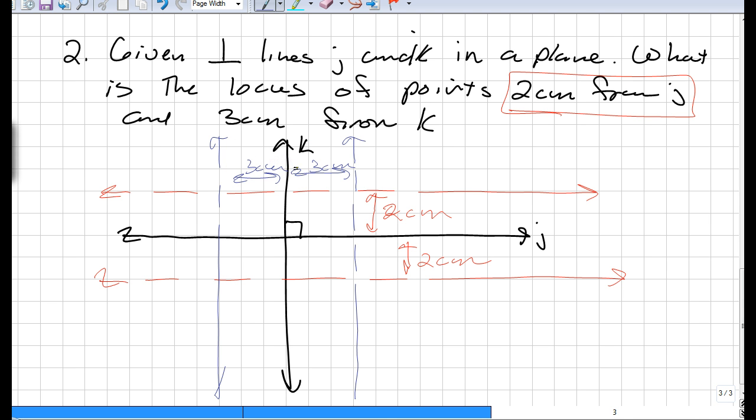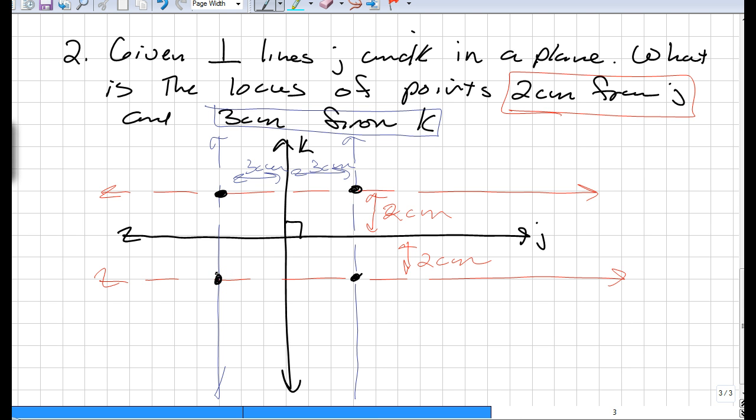So the blue lines would be all the points that meet the second condition. Now, what meets both conditions? 2 centimeters from J and at the same time 3 centimeters from K. Well, this point, this point, this point, and this point.